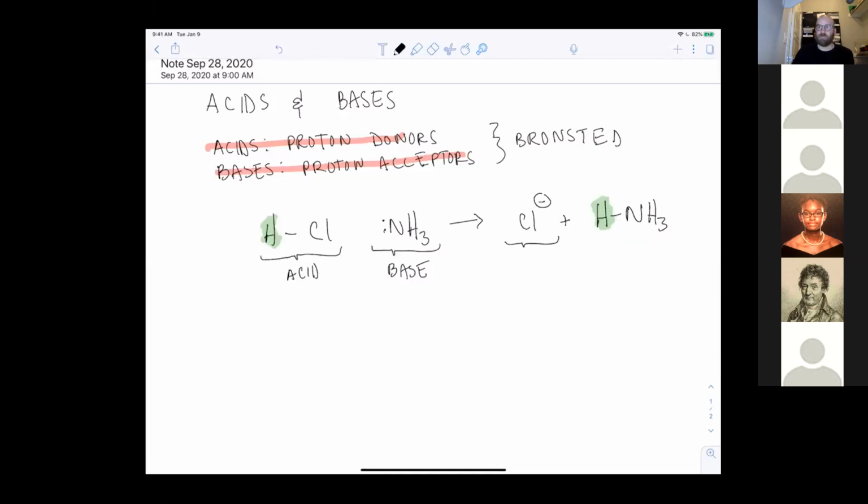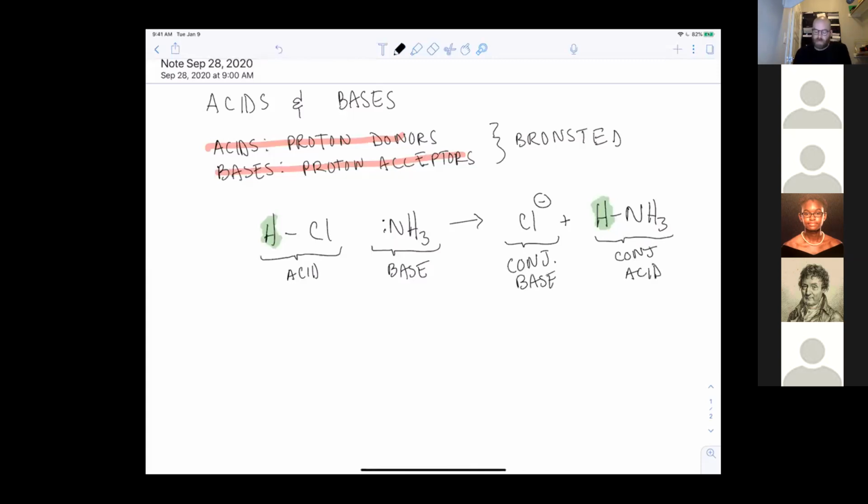Then we have these other definitions here, just to make things more confusing. What we call this is the conjugate base. We'll call this the conjugate acid.